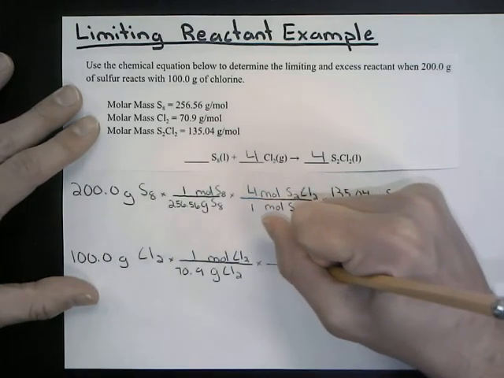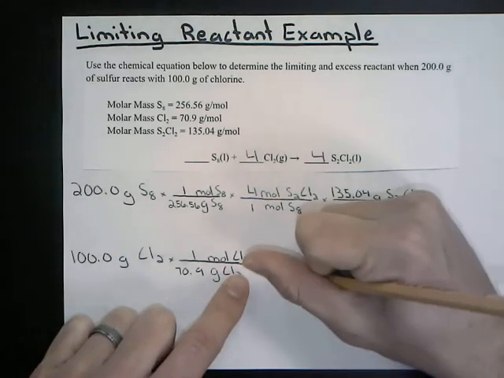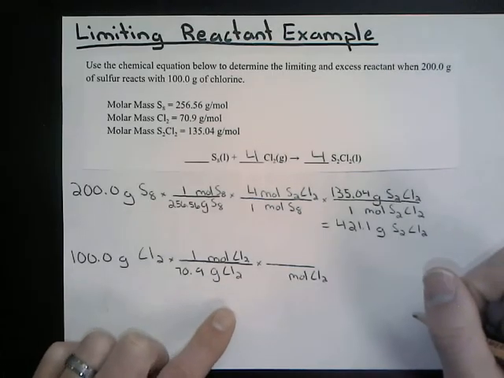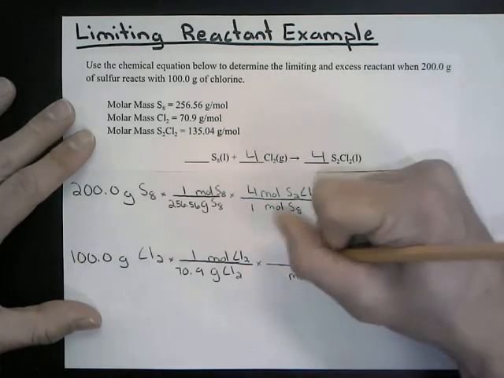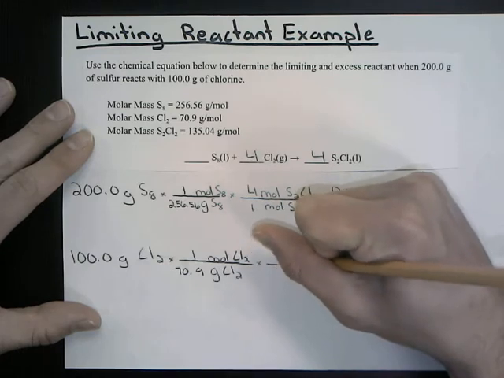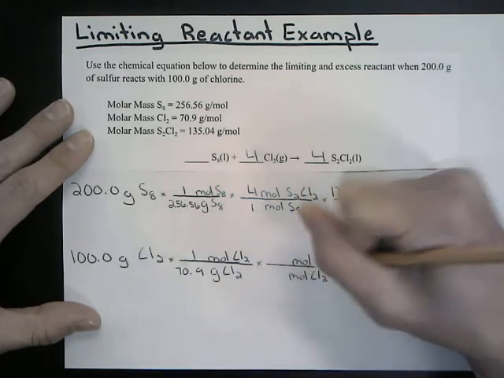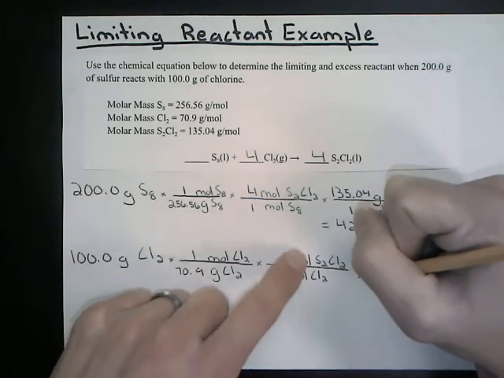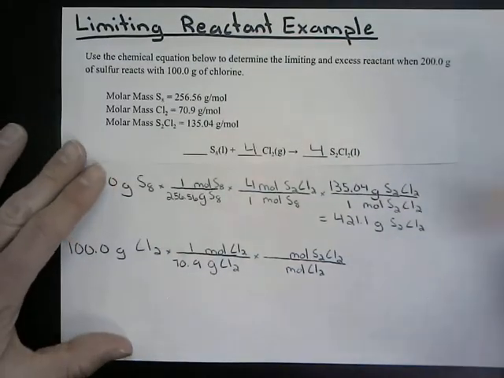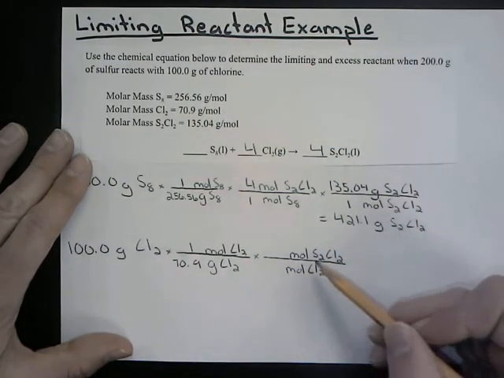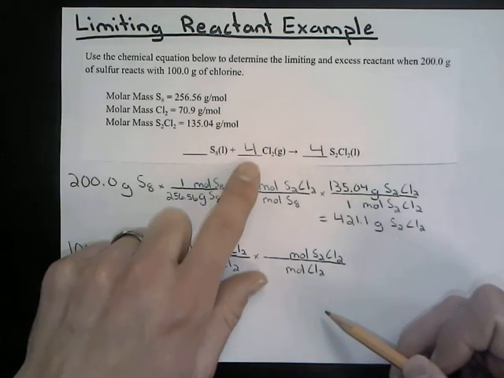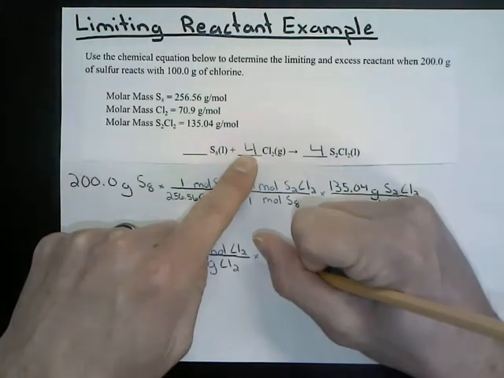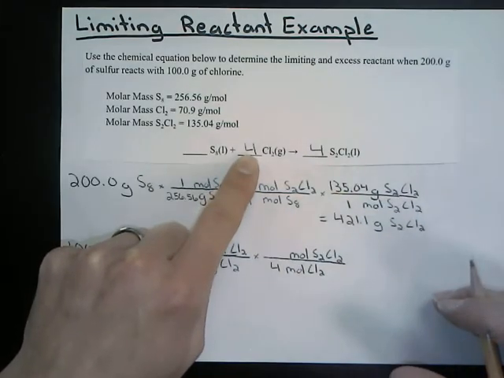Now, we need to go from moles of Cl2 and convert to that same substance, which is going to be S2Cl2, okay? But we can only convert from moles to moles of one other substance, so we have to do mole to mole. That is very, very crucial in what we're finding. Mole over mole, we turn to the balanced equation. We have a coefficient of 4 in front of Cl2, so we put a 4 in front of Cl2.